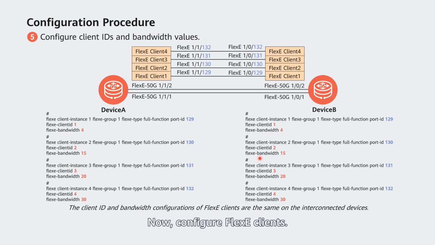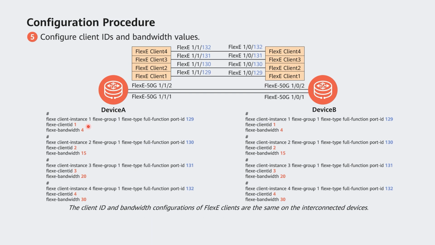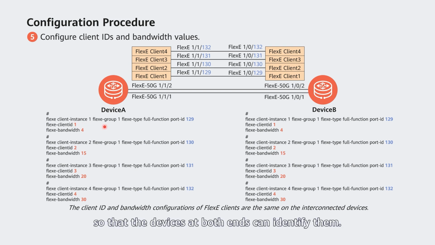Now configure FlexE clients. First, create FlexE clients. Specify the FlexE group that provides bandwidth for them. Specify FlexE logical interface numbers and set bandwidth values. In addition, configure client IDs for the clients so that the devices at both ends can identify them.